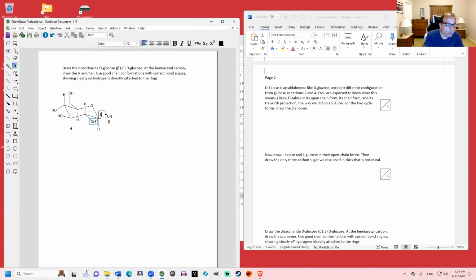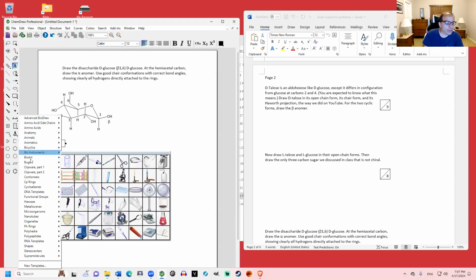And this is carbon 1, 2, 3, 4, 5, and 6 is the CH2. So that's our first glucose.